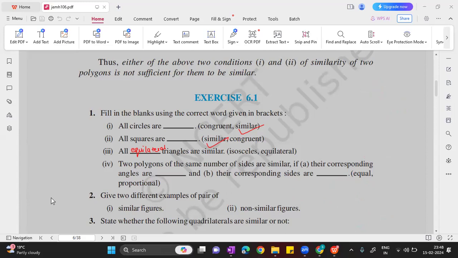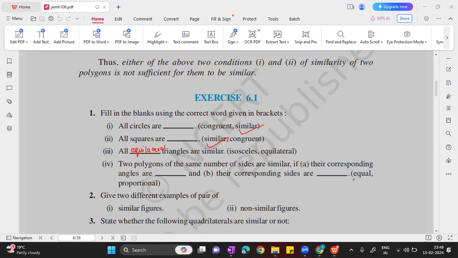Okay. Next question. Now you can answer this. Can you read the question? Two polygons of the same number of sides are similar if (a) their corresponding angles are dash and (b) their corresponding sides are dash.